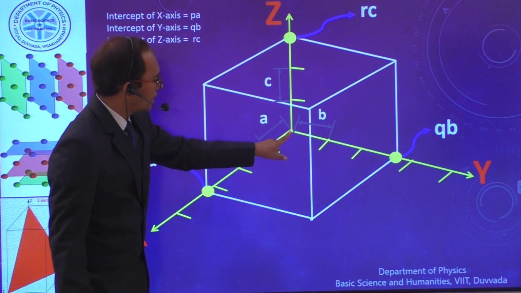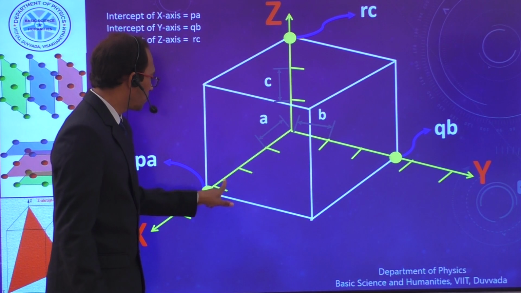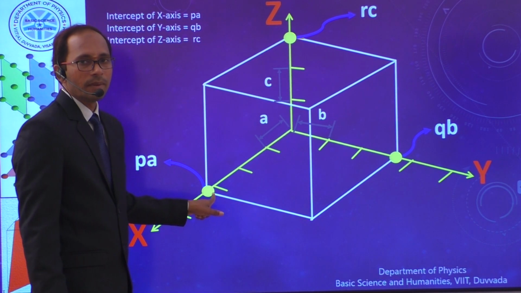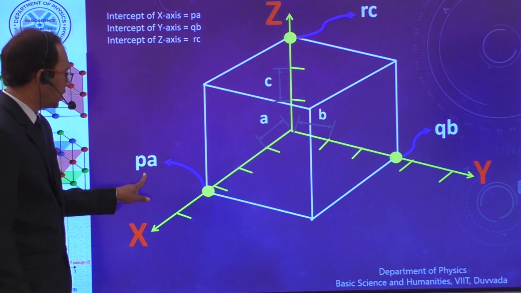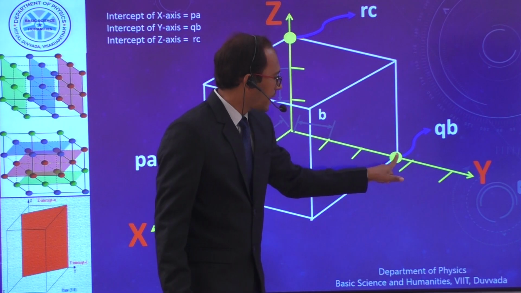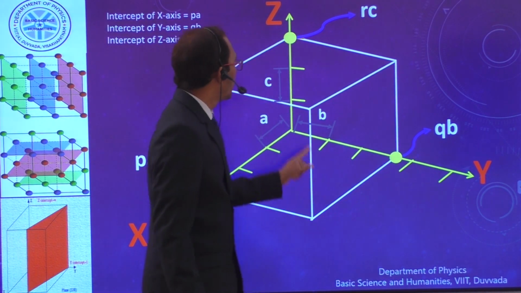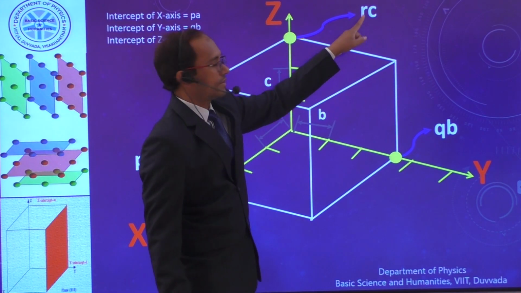So this is a, 2a, 3a, or something like a fraction, that's why I am keeping p times a. Similarly on the y-axis the intercept is qb, and along the z-axis it is rc.